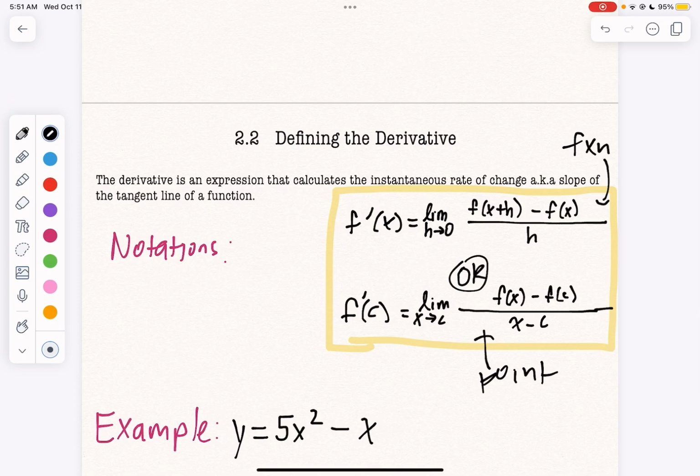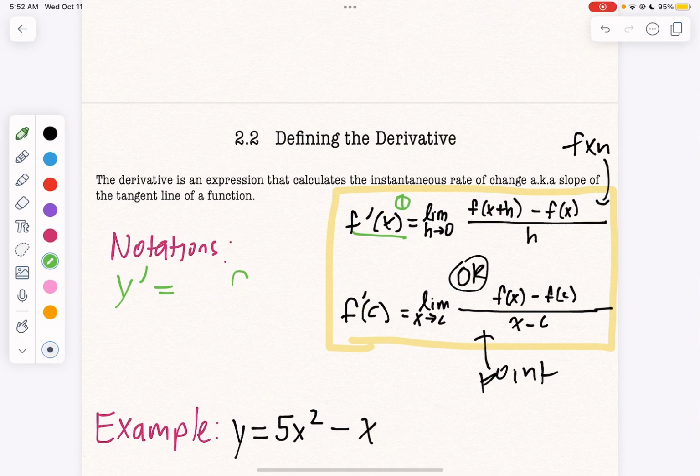All right, so notations, or ways you'll see the derivative shown. Notations will be in green. One of the first ways we have is f prime of x, which is the same thing as the derivative of f of x. You can also have y prime equals something.